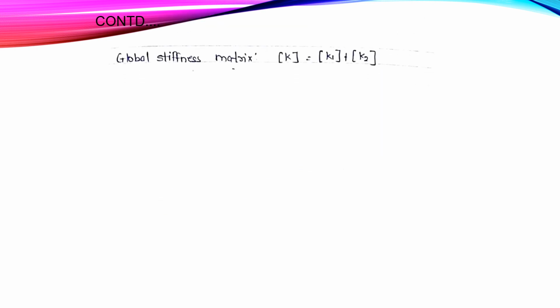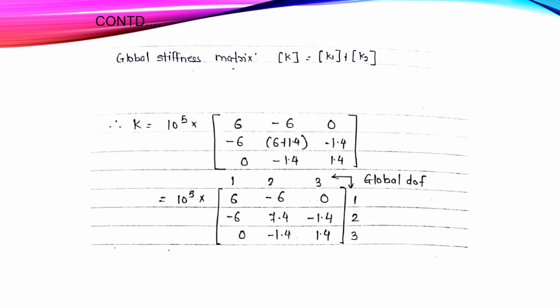For the global stiffness matrix, we already saw that its dimension is 3 by 3. So K is equal to K1 plus K2. We need to add them: K1 is placed on positions 1 and 2 of the total stiffness matrix, because the local nodes for the first element are 1 and 2, while the local nodes for the second element are 2 and 3.